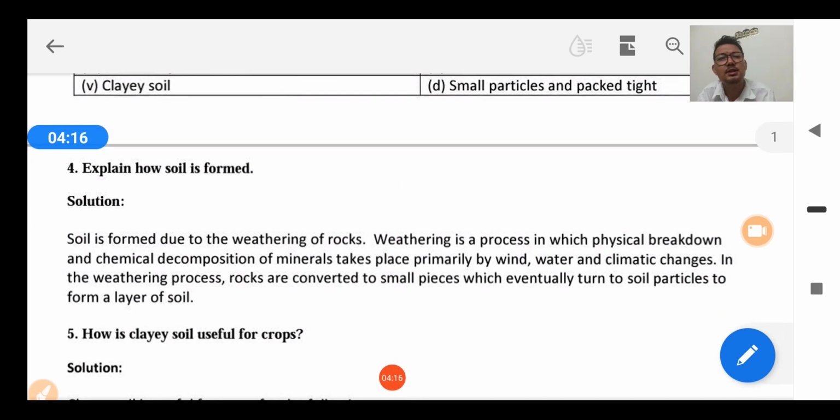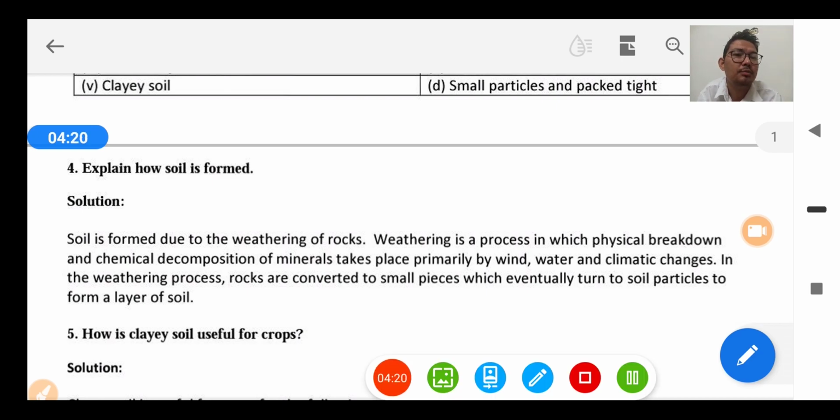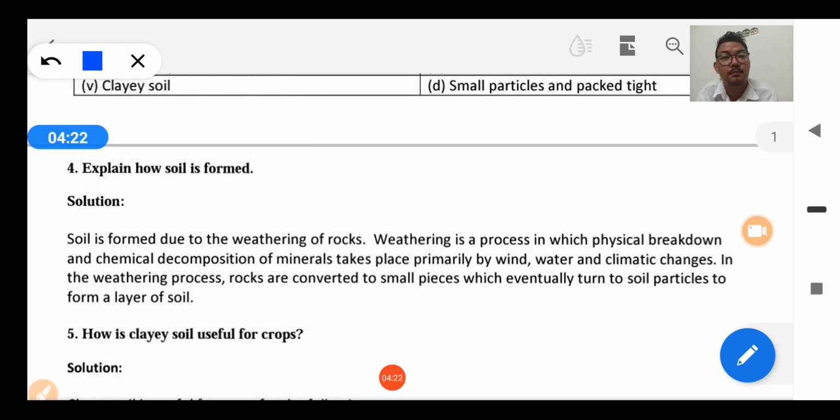Now the next question is how soil is formed. Soil is formed by weathering of rocks. Weathering means breaking down of rocks into small particles, and it is a process in which physical breakdown and chemical decomposition of minerals takes place.